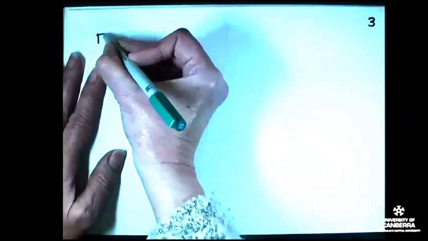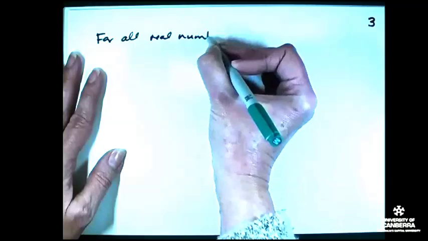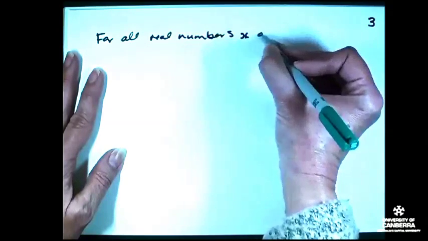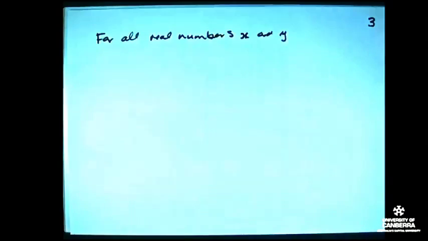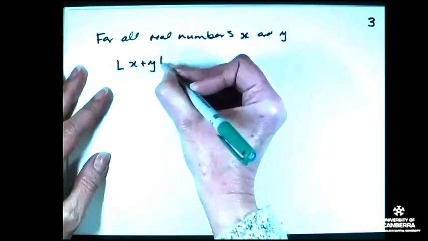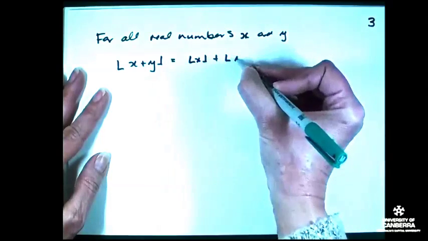So let's have a look at what we can do with these definitions. So we can say for all real numbers x and y, the floor of x plus y is equal to the floor of x plus the floor of y.